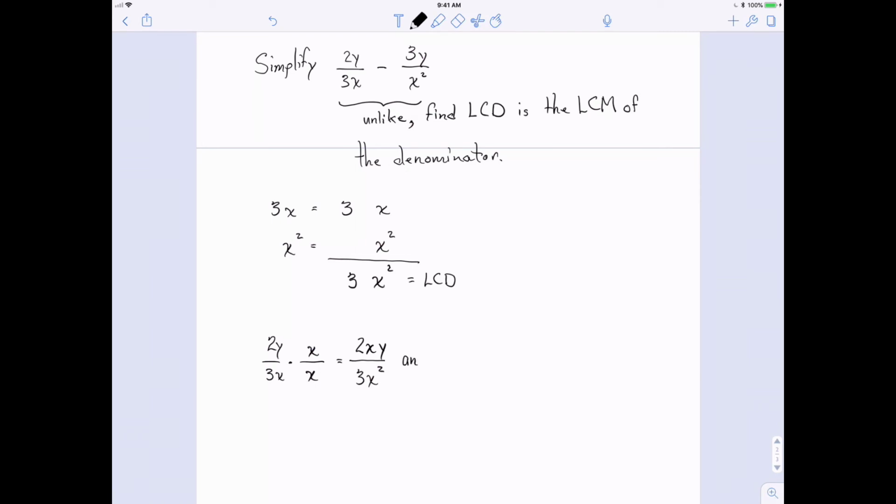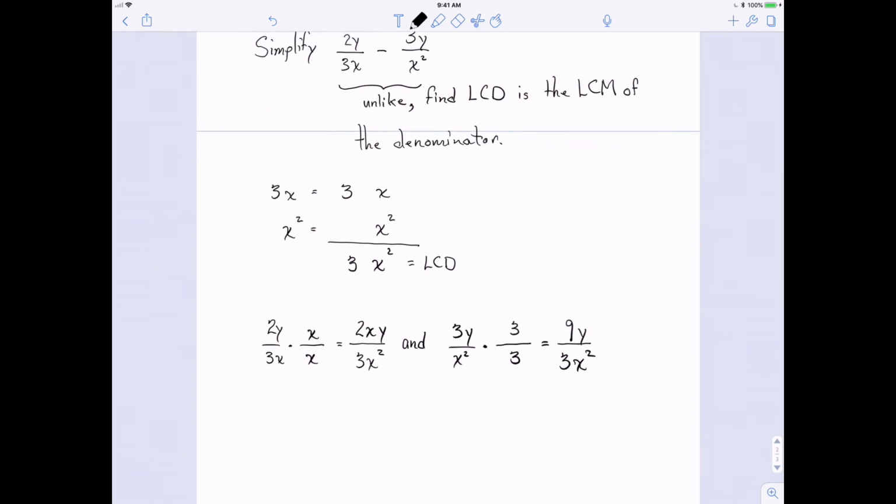For the second fraction, I have 3y over x squared. I'm going to multiply it by something to end with a new fraction with a denominator of 3x squared. This one just needs a 3/3. So now I have 9y.